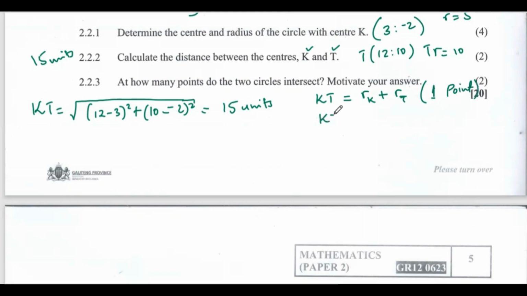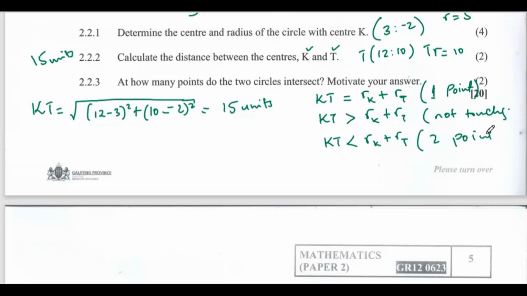Then if our KT, the distance we just found, is greater than the sum of the radii, then they are not touching. And if our KT is smaller than that, the circles are touching at 2 points.